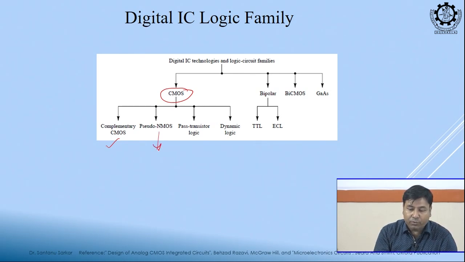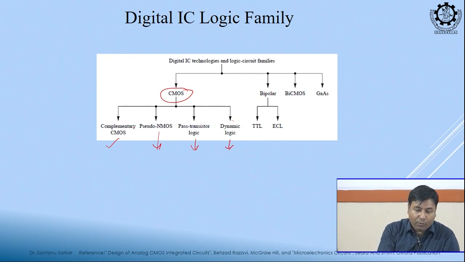We can have pseudo NMOS, which means the resistive load NMOS that we have seen. We can have pass transistor logic, PTL, and we can have dynamic logic. Most of these are static logic, and there is one dynamic logic. At this moment you just need to know the terminology, the details you will learn later.